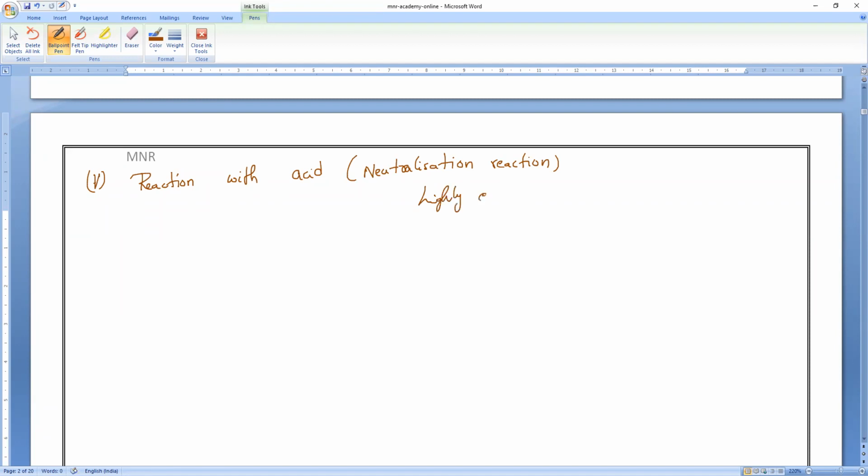Yes, Harish? You forgot this. Omar, can you hear me, Omar? Sleeping. Highly exothermic reaction. It is a double displacement reaction as well as a redox reaction. So under all the reactions it will come: highly exothermic, double displacement, redox reactions. That is all. Omar, already slept, I think. Okay, so that is it.